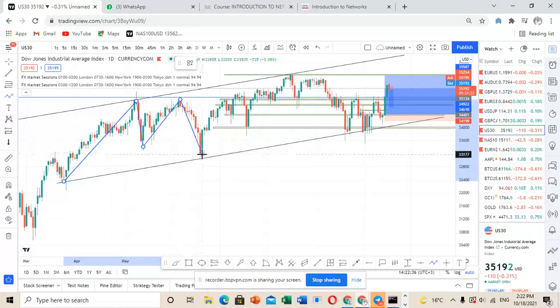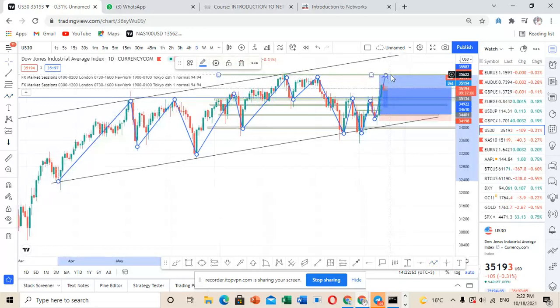You can see that it touched this particular trend line, a move to the upside, then respecting this particular point of support, a move to the upside, downside, upside, downside, consolidation in these areas, and then a W formation, a move to the downside. So this is where I'm currently expecting from the daily time frame.